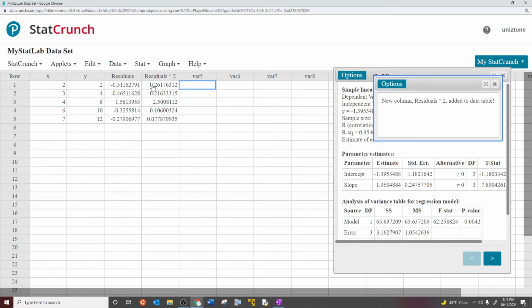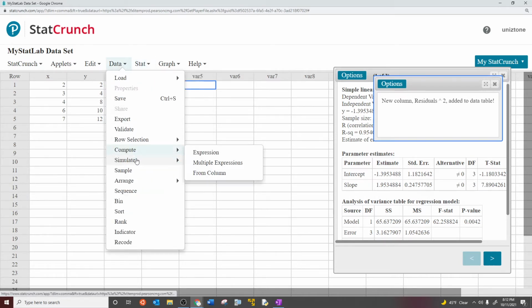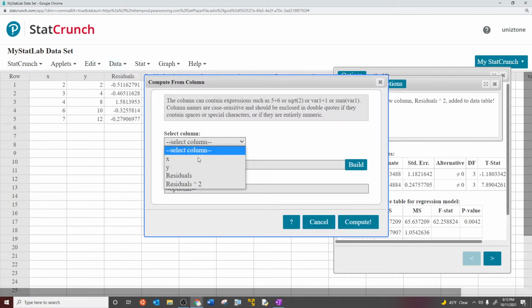What that did was square it, and now the only other thing to do is to calculate the sum of that column. So we're going to go back into compute from column, select the column, and at this point we're simply going to add it up.